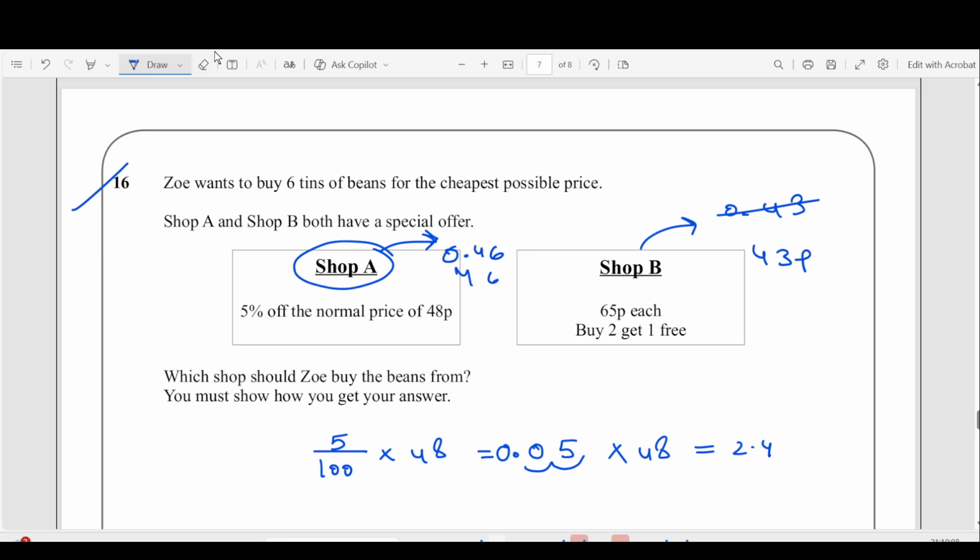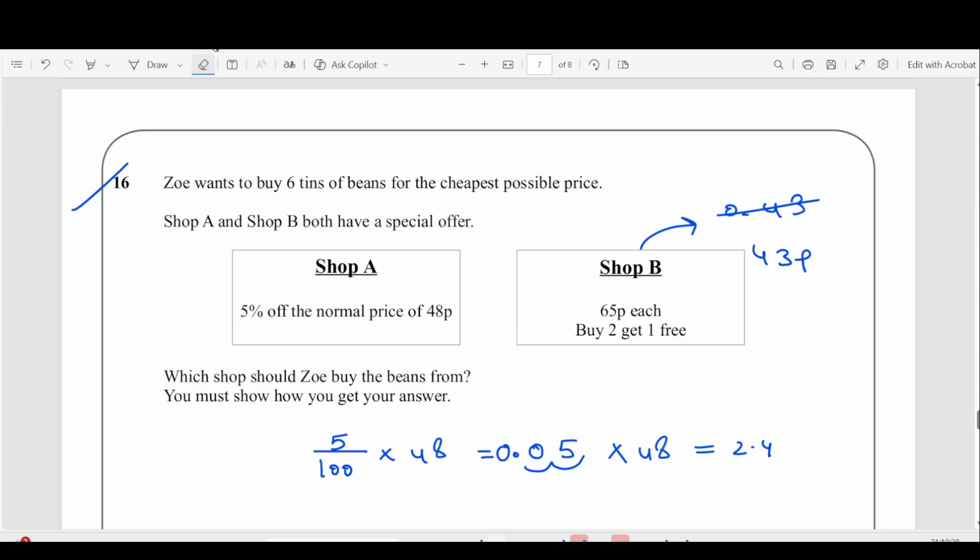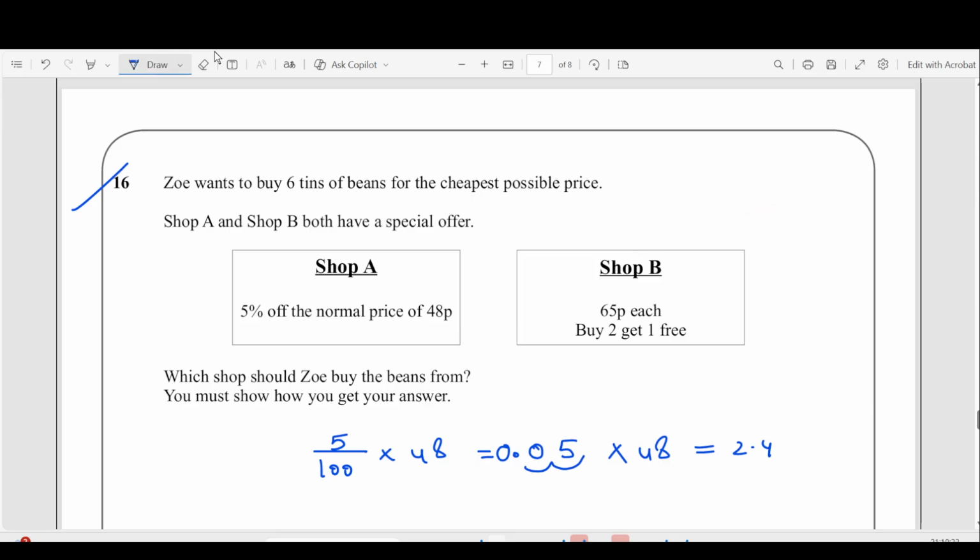So, have you done your calculation on paper? I'm getting a different answer. I wanted to see the calculation you did. First you find the 5% of 48, right?